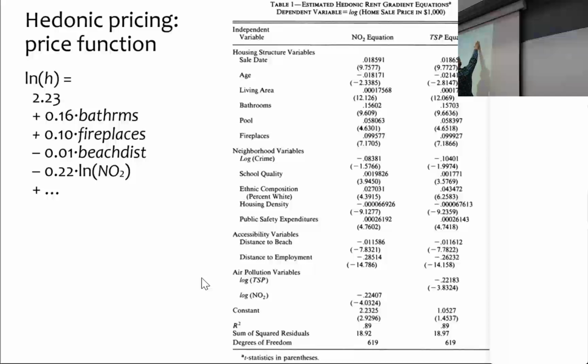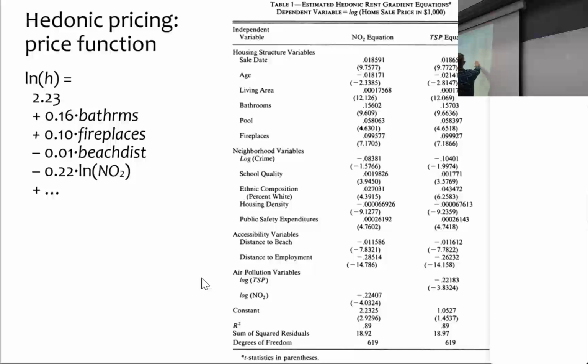Sale date, positive, the later you buy a house, the more expensive it gets, right? This is general price inflation. Older houses sell for less, makes sense. Bigger houses sell for more. Houses with more bathrooms command a higher price. Houses with a pool are more expensive. Houses with fireplaces are more expensive, right? All this makes perfect sense, right?